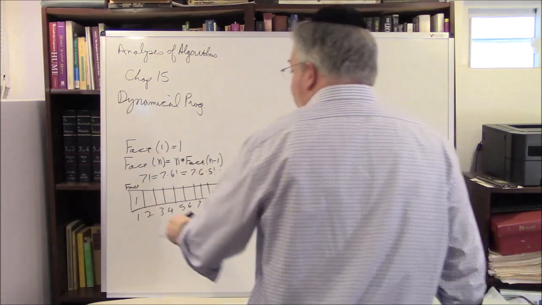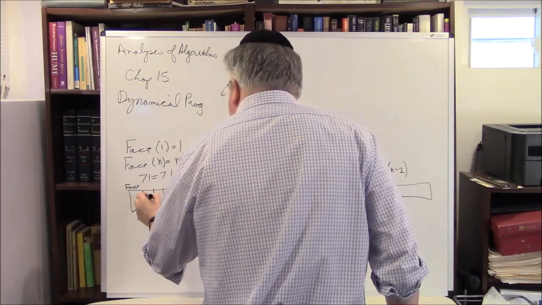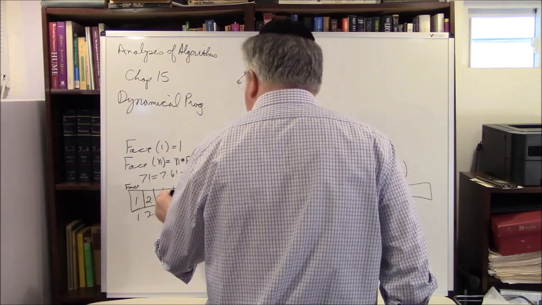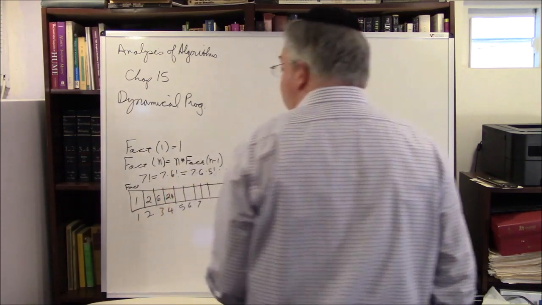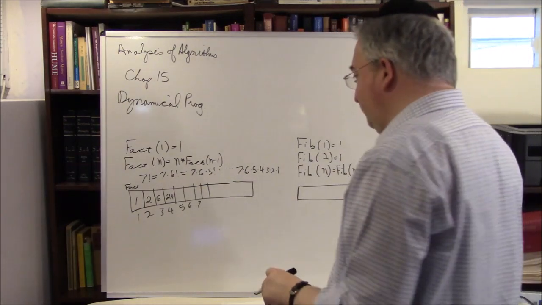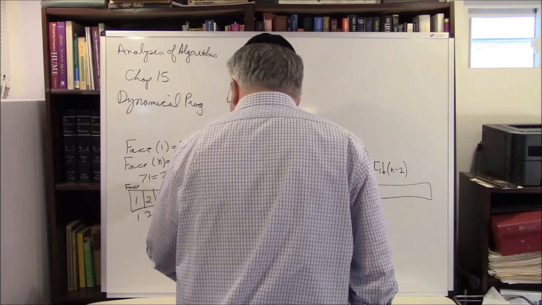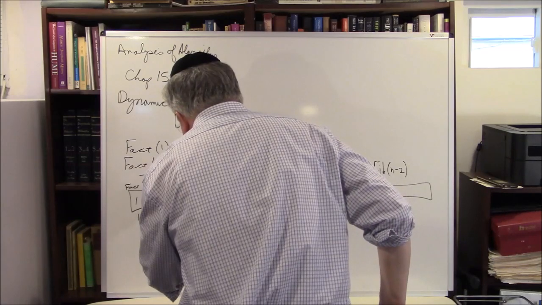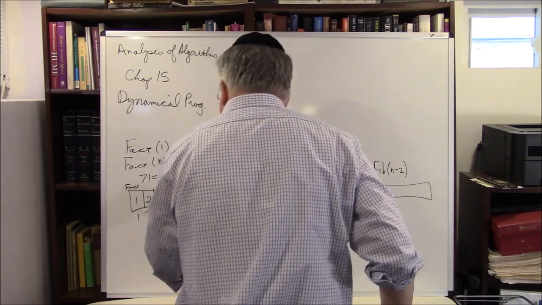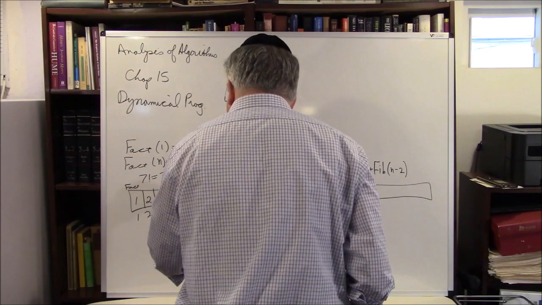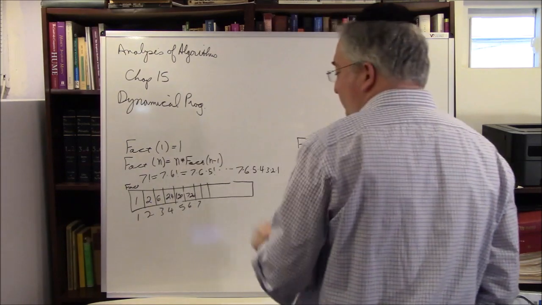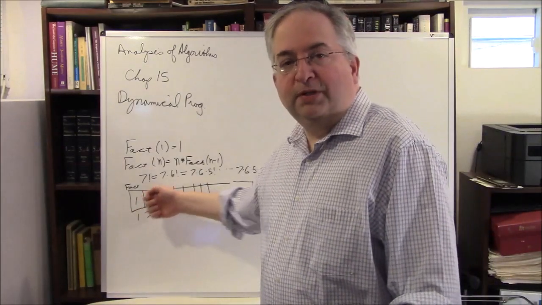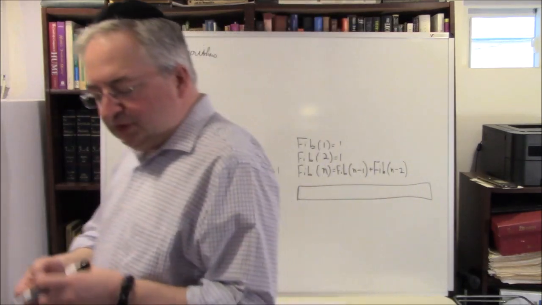Factorial of 1 is 1. 1 times 2 is 2. 2 times 3 is 6. 6 times 4 is 24. 24 times 5, I'm reaching my limited ability, is 120. Times 6 is 720, etc., etc. Anyways, that's the way you do it. You build it up from the small problems, from the small parts first.